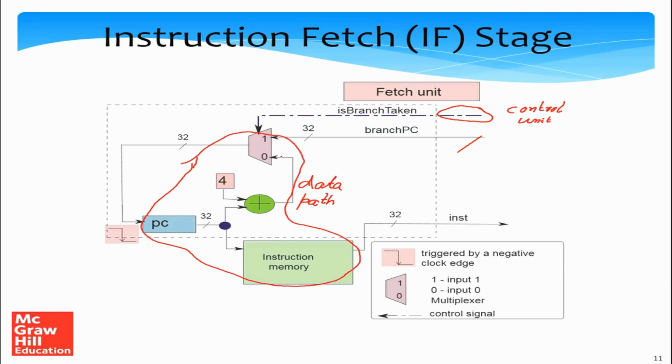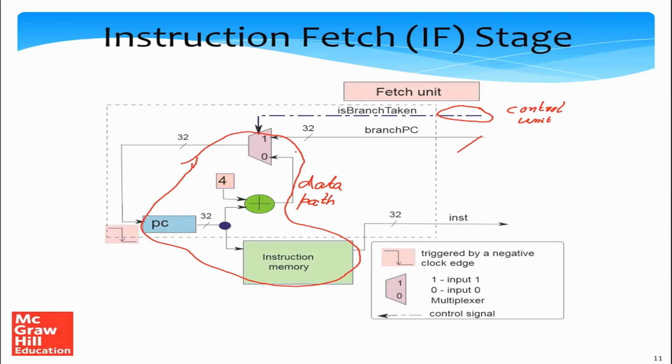Whether the multiplexer per se should be a part of the data path or the control path depends on the interpretation, but we would like to keep it in the data path, because the data path is like the static aspect of the circuit.